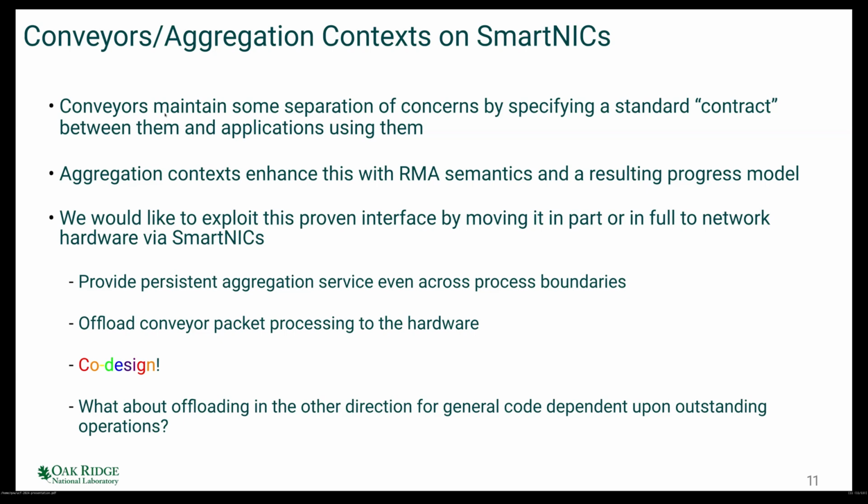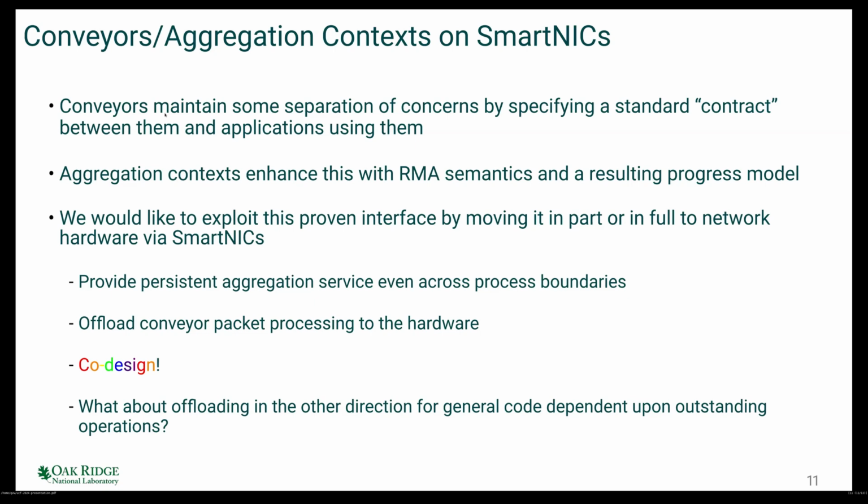Meanwhile, aggregation context enhances even further with a fixed set of RMA semantics. Because it was less general, it only supported those operations, and they were known. We were able to then get an easy progress model that was well defined.